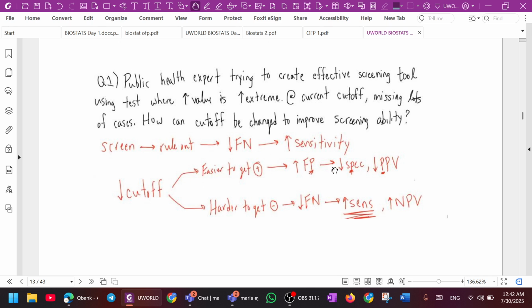Sensitivity is true positive divided by true positive plus false negative. If false negative is going down, then sensitivity goes up. So screening increases sensitivity, and increased sensitivity decreases false negatives. Okay. Does it make sense to you?